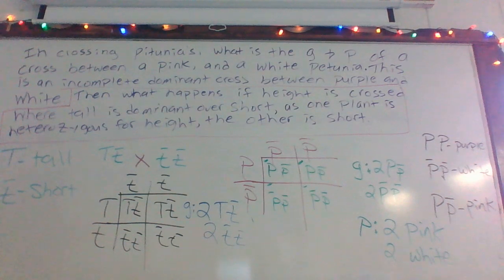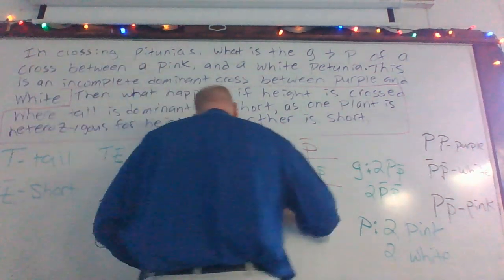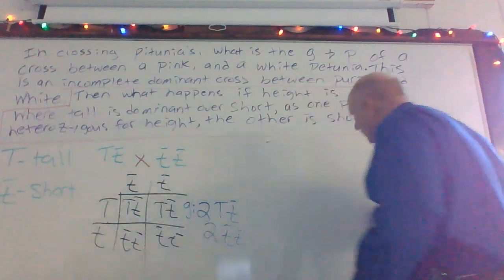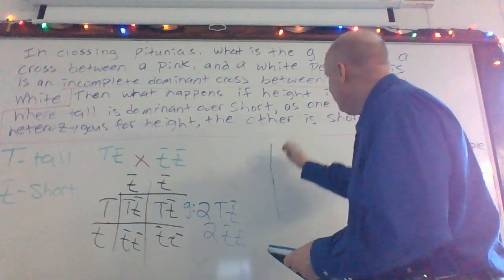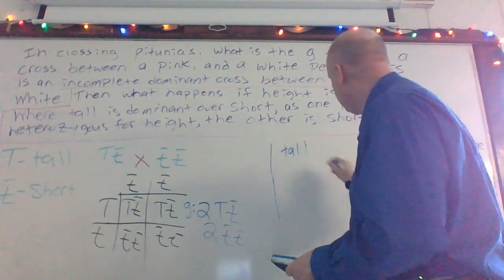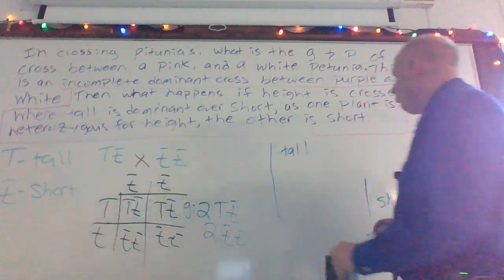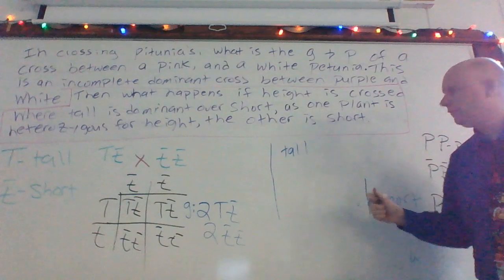Okay. Now, if this was an incomplete dominant cross, just for argument's sake, if this was incomplete dominance, well then this would be tall, this would be short, but if it was incomplete dominant, what would you get?